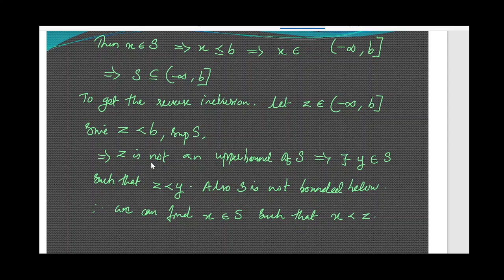First of all, S is bounded above, so bounded above means it should have a supremum. That supremum we are taking as b. Now if you take any element of that set, that element should be less than or equal to b, right?